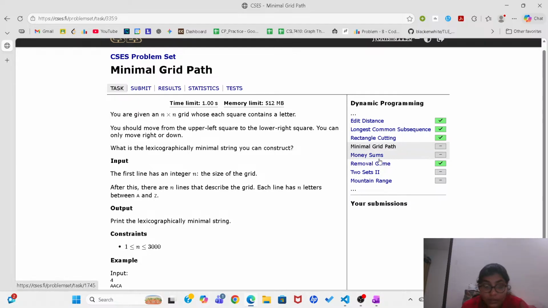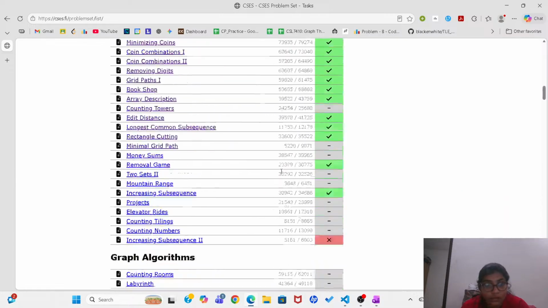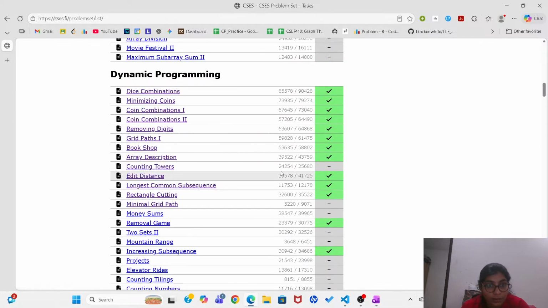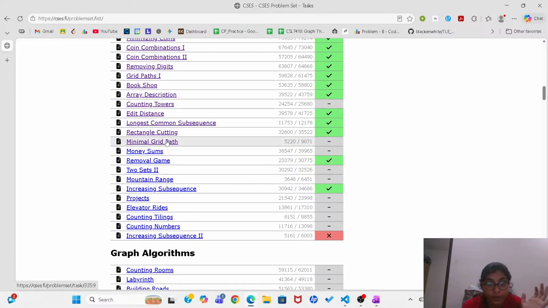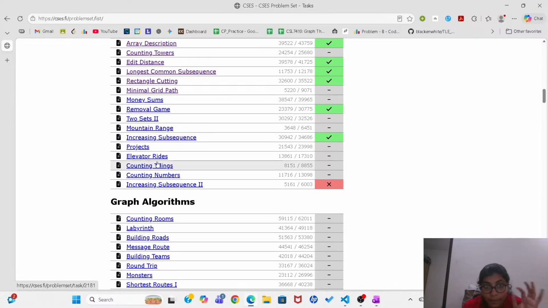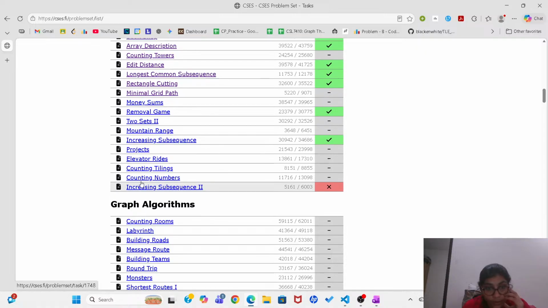Just a minute. Let's see the problems because my brain is not braining right now. Minimum grid path, money sums, and all these are new problems that I haven't even solved once.